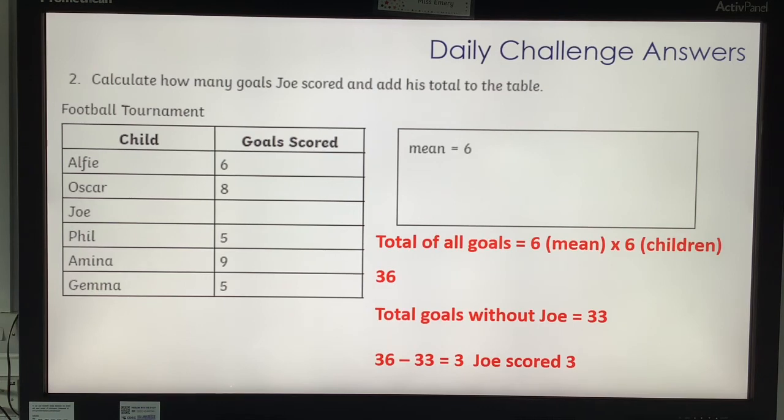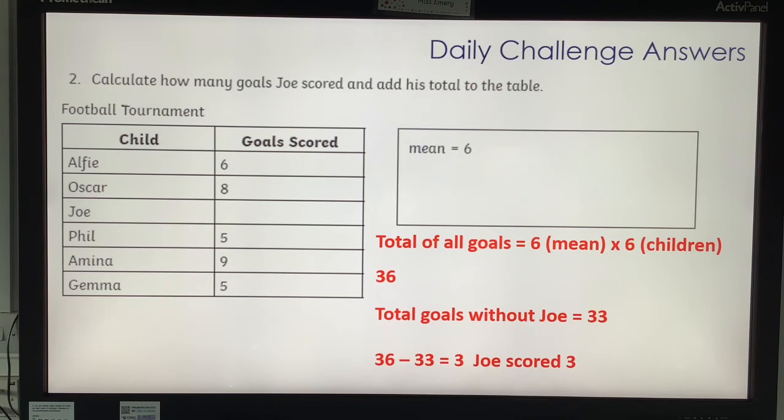Then, the next one, calculate how many goals Joe scored. So you know that the total number of goals was 36 because you know the mean is 6 and that there are 6 children. And in order to calculate the mean, you divide the amount by the amount of children. So if we do the inverse and do the mean 6 times the 6 children, that gives us 36.